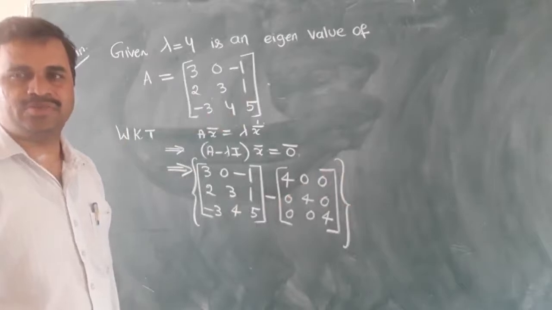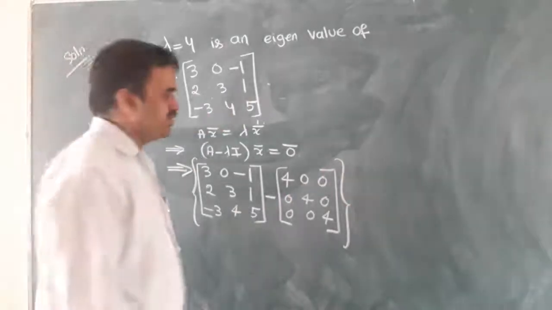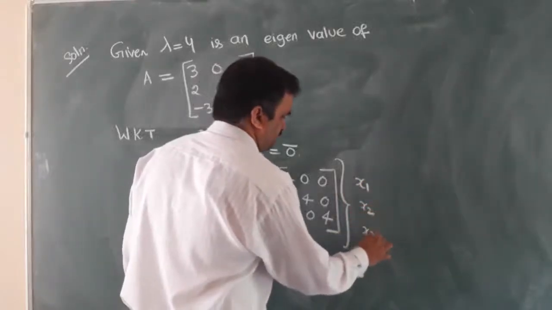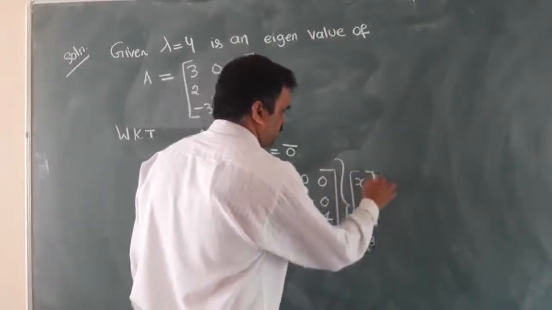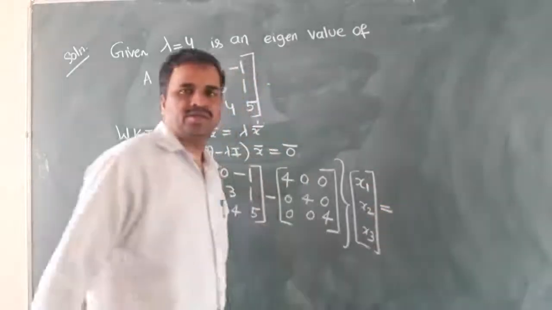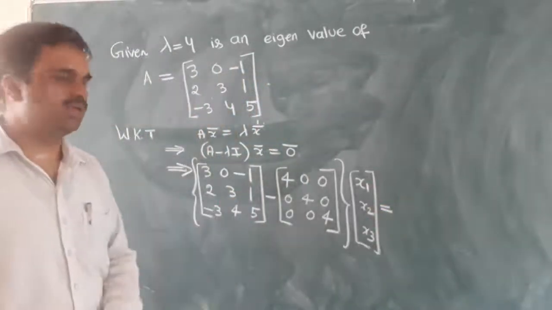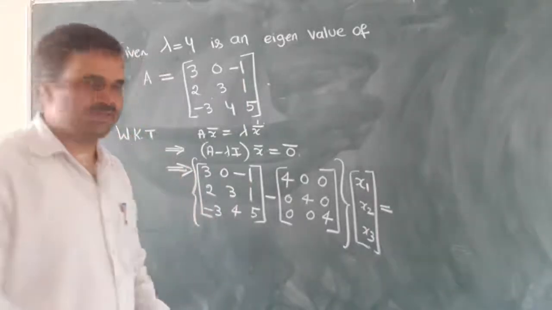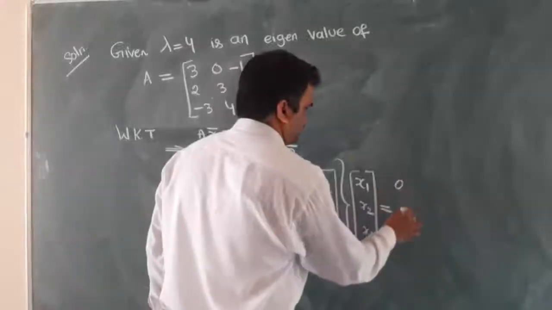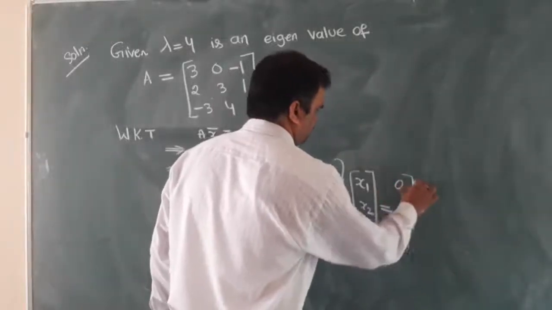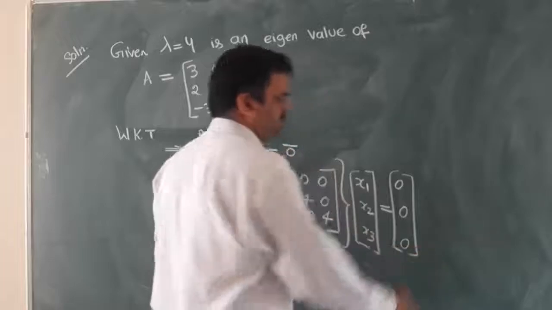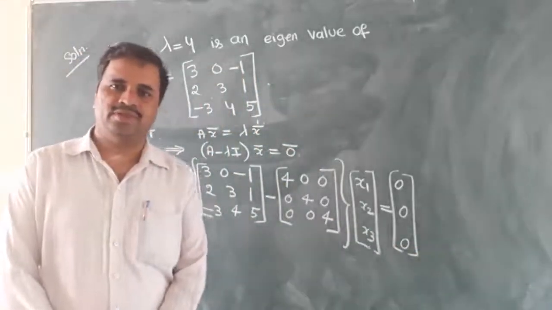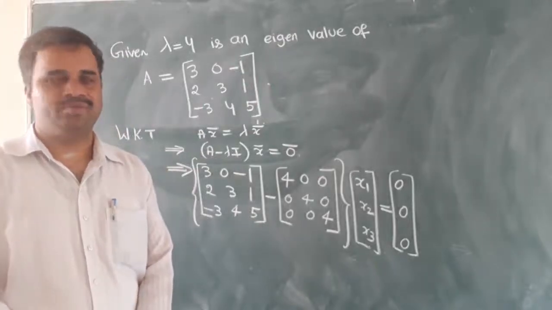There are 3 rows, so obviously 3 variables x1, x2, x3 will be there; only then is the product possible. This equals 0, 0, 0. Now we have to solve it to know the value of x1, x2, x3, so that we know x bar as a vector.